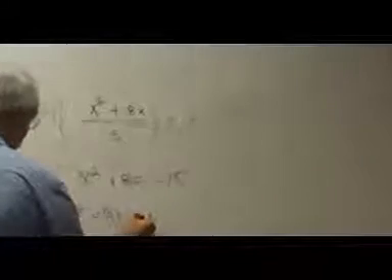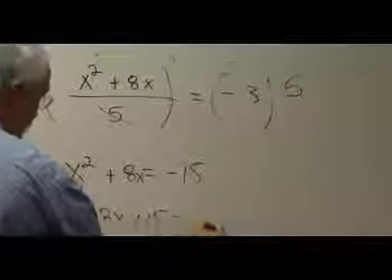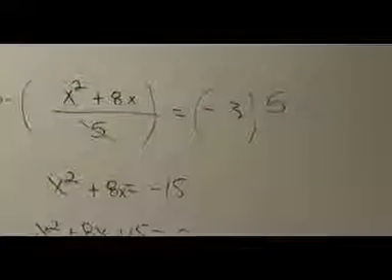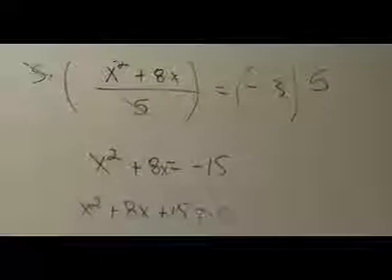x squared plus 8x equals minus 15. So x squared plus 8x plus 15 equals 0. Factors of 15 that add up to 8: 3 and 5. Okay?